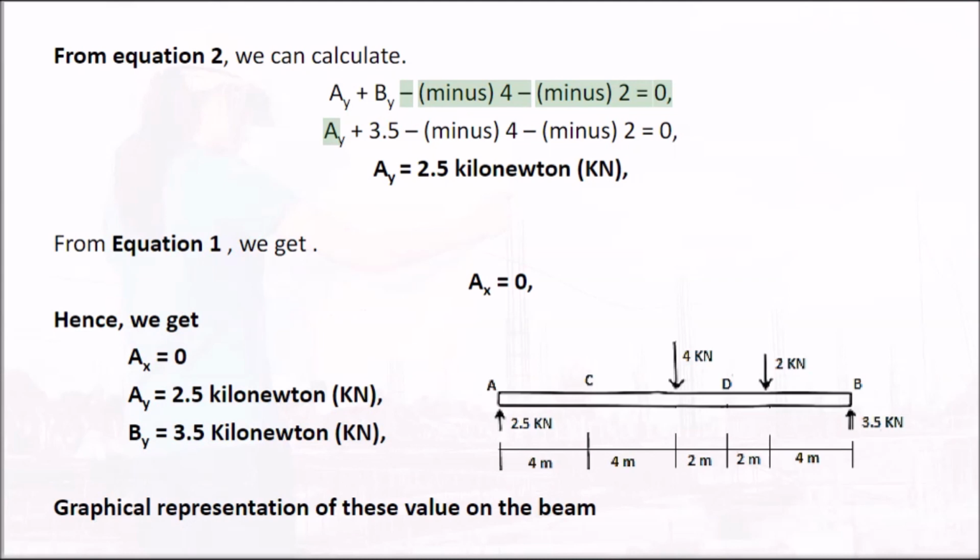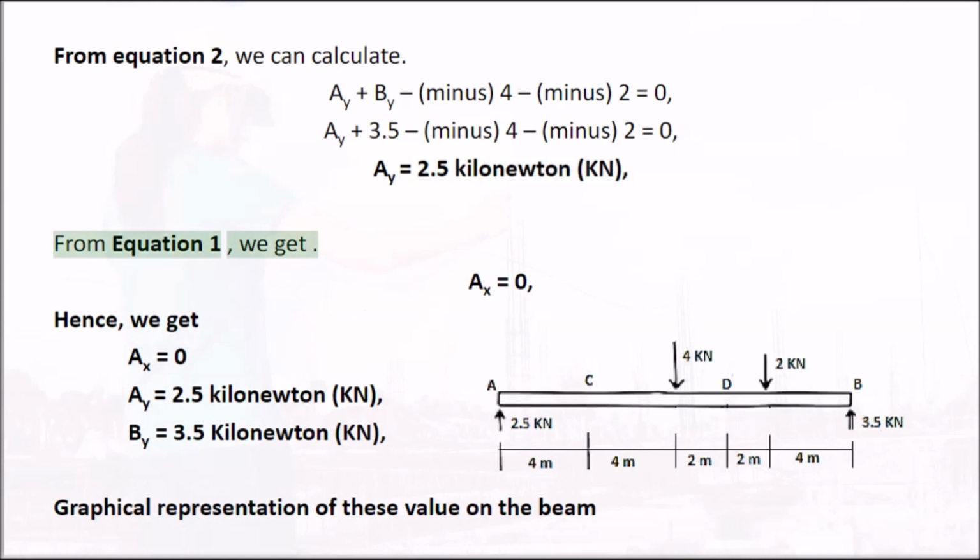Ay plus 3.5 minus 4 minus 2 equals 0. Ay equals 2.5 kN.